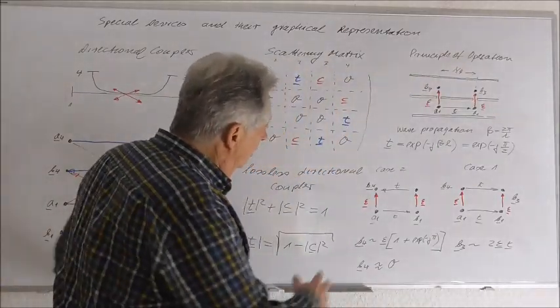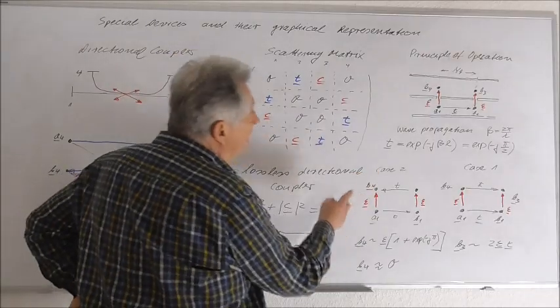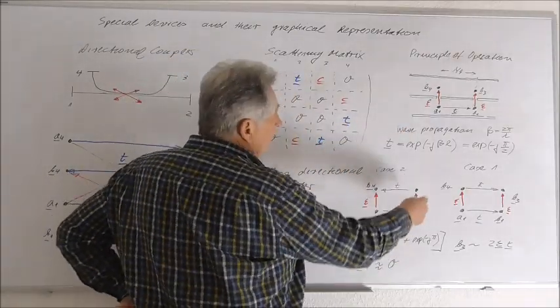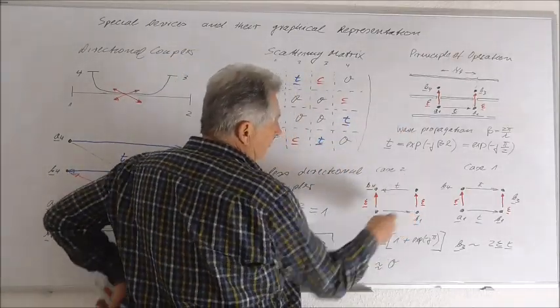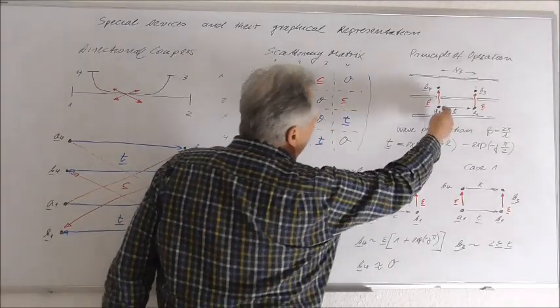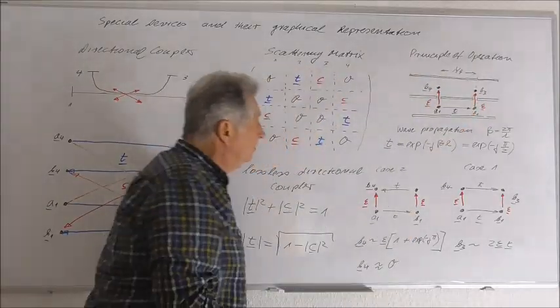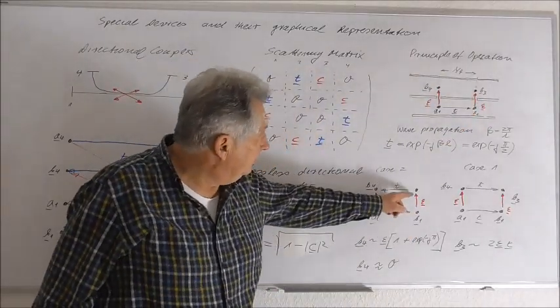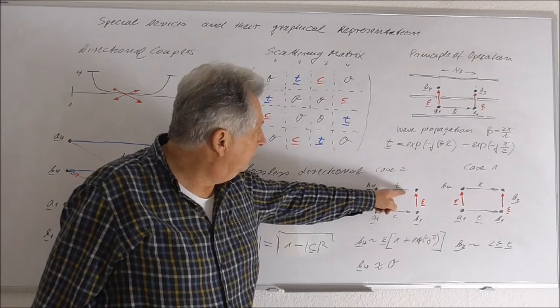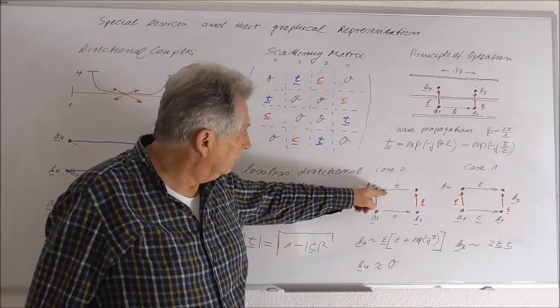If I now consider case 2, in case 2 we also have this transmission factor here, and the coupling through the holes, but in this case the wave will travel in this direction.